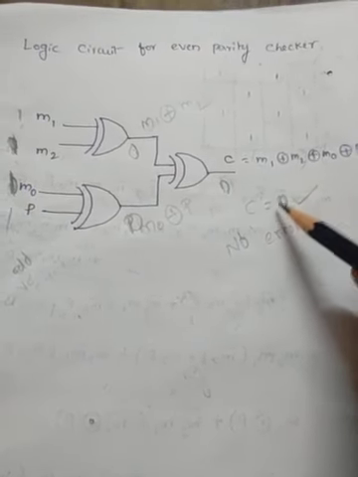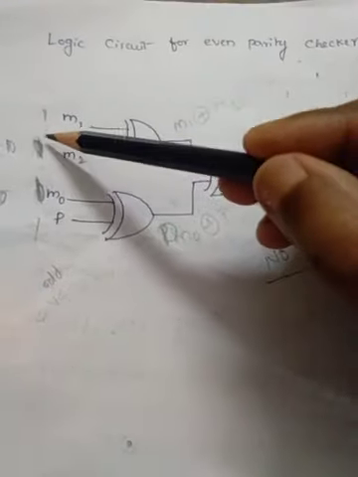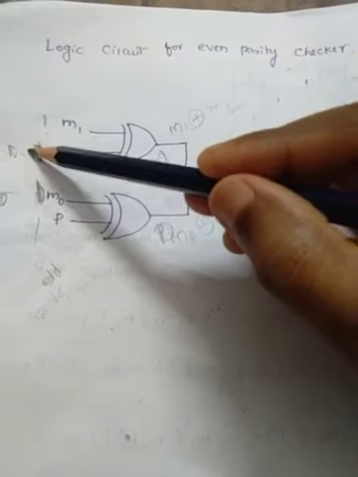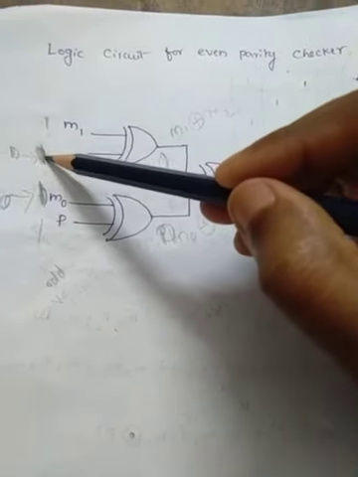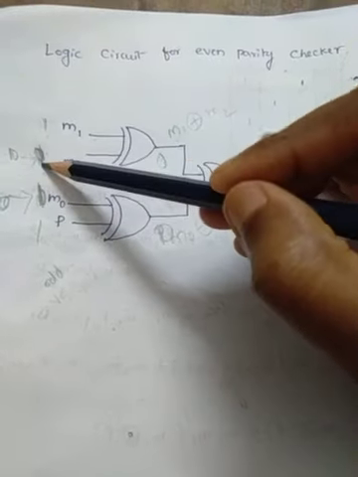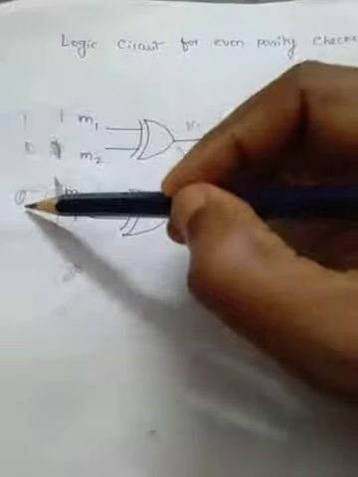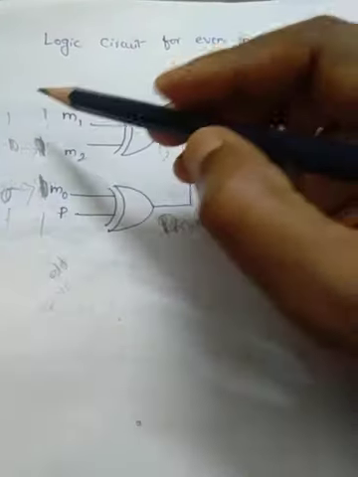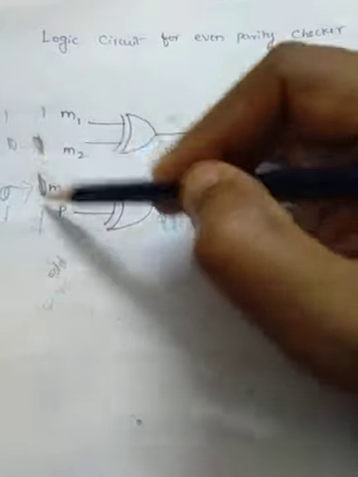C equal to 0 means there is no error, but actually we know that there are two errors. We transmitted the data 1 0 0 1, an even number of ones. Here also there is an even number of ones, but there are two errors.